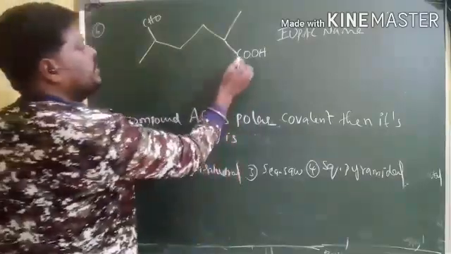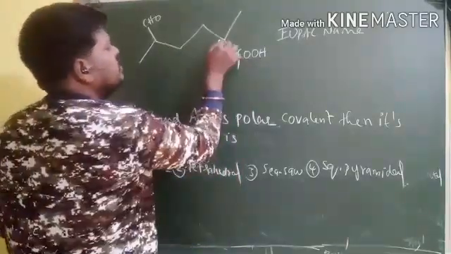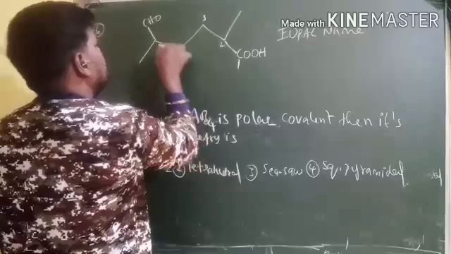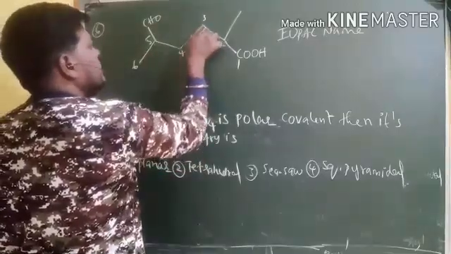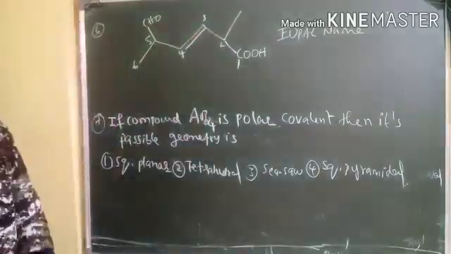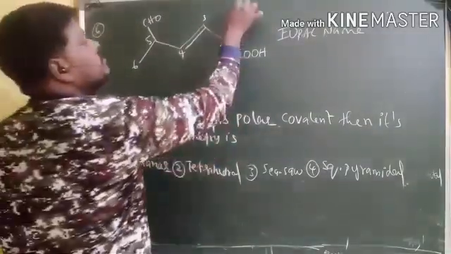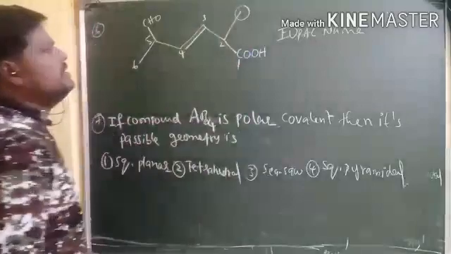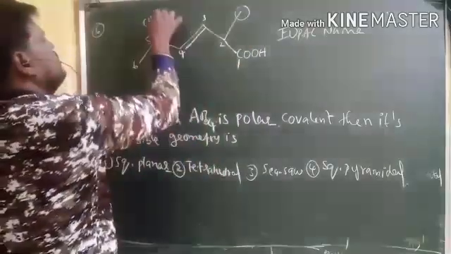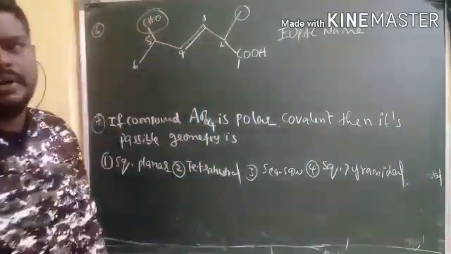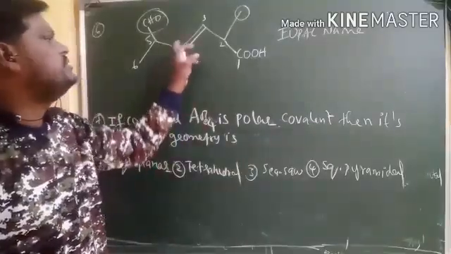That's why the numbering starts from here: 1, 2, 3, 4, 5, 6. Here a double bond is there. So 6 is our longest chain, and this is one of the substituents here, and here also one of the substituents. And this is the parent chain, right?